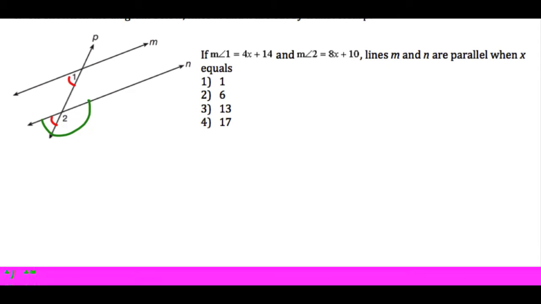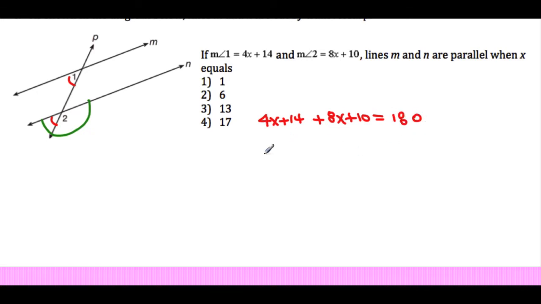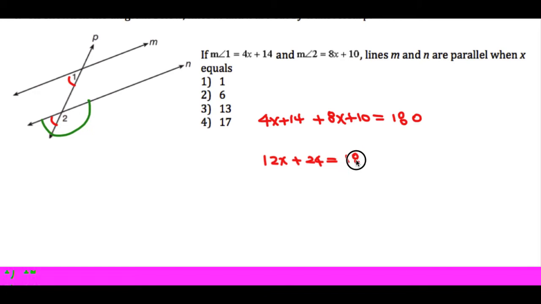All right, then we're just going to write them up. So 4x plus 14 plus 8x plus 10 should be equal to 180. Now when we combine them, we get 12x plus 24 is equal to 180.